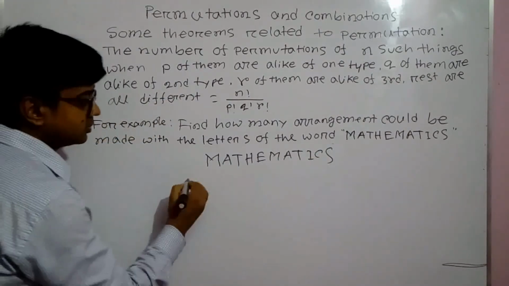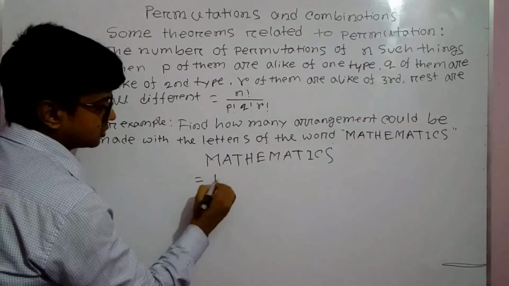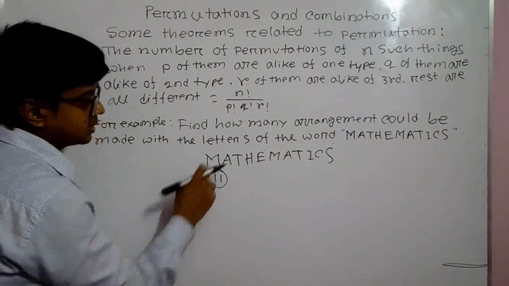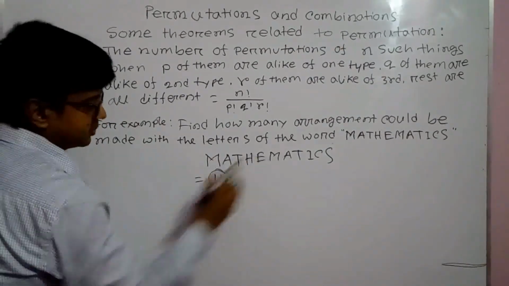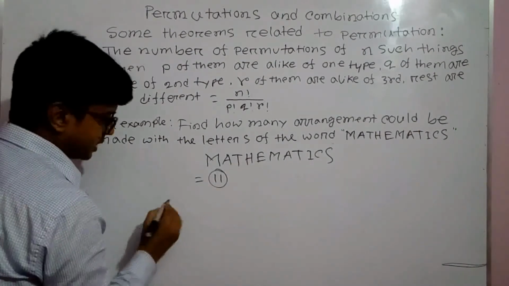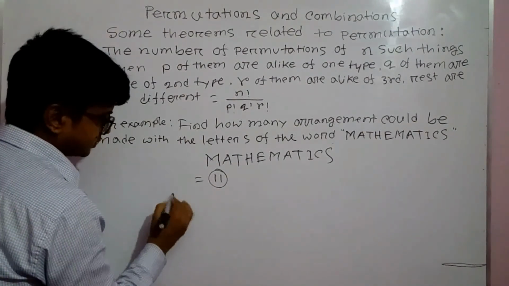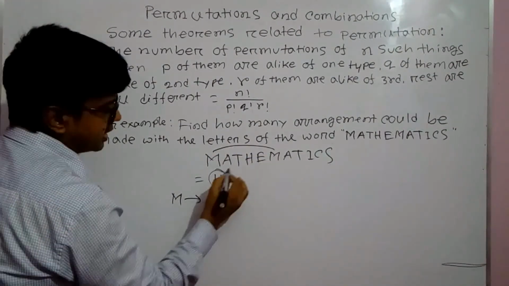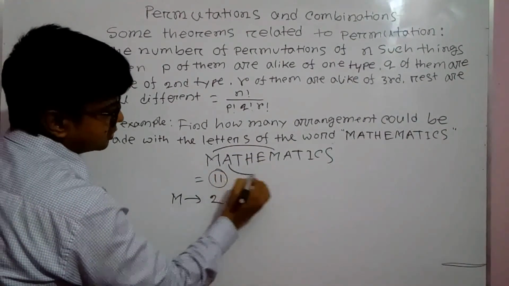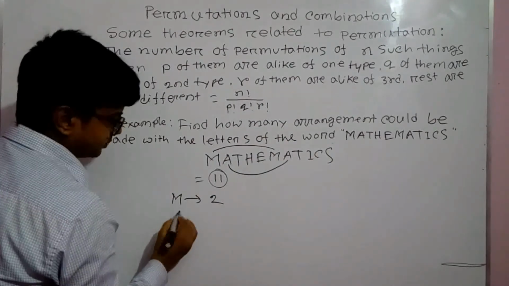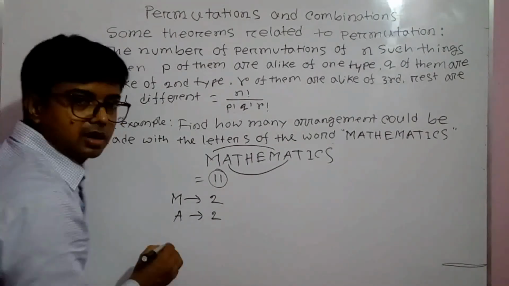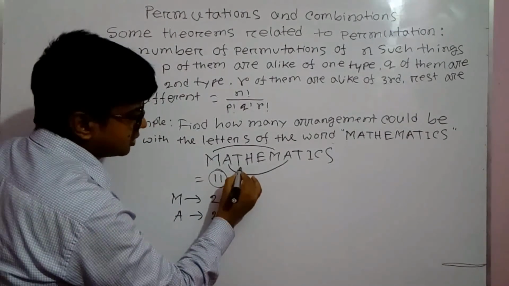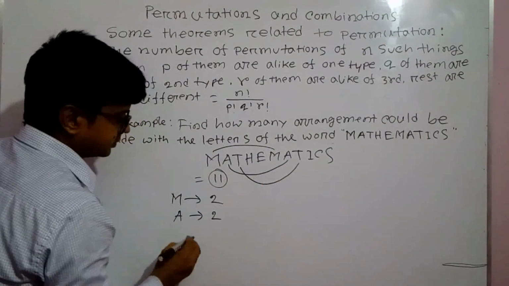Here the total number of letters equals 11. And two m's here, two a's and two t's.